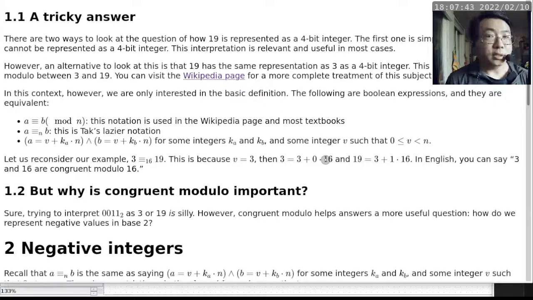Do we understand the concept of what is congruent modulo? Then pick some number.